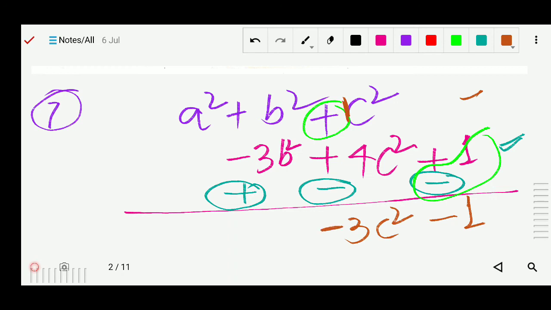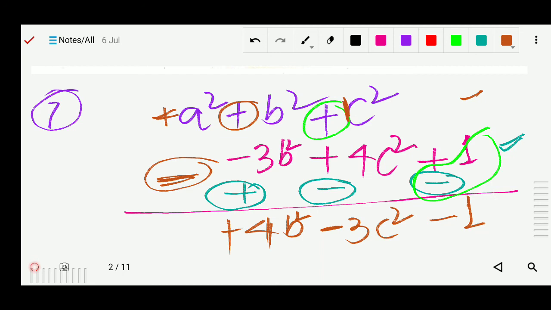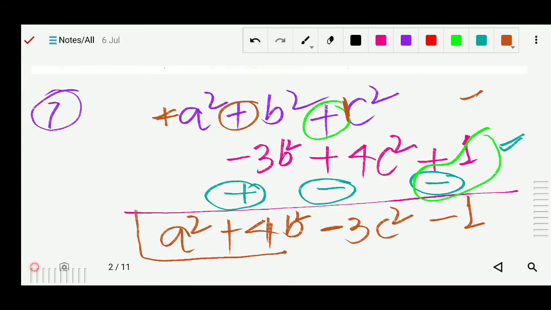Now here is the plus, here is the plus, so plus plus plus, so 3 plus 1 is 4b square, and plus sign will be there. Now here there is nothing to add or subtract, so we write the same, a square only. So your answer is a square plus 4b square minus 3c square minus 1.